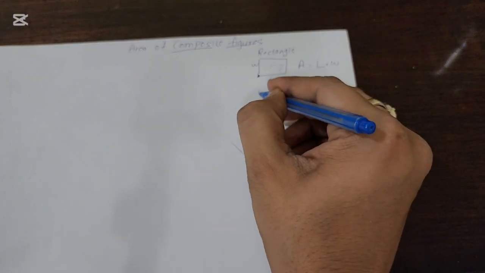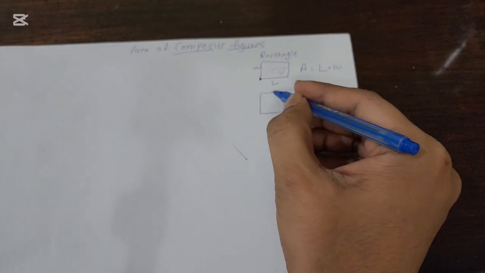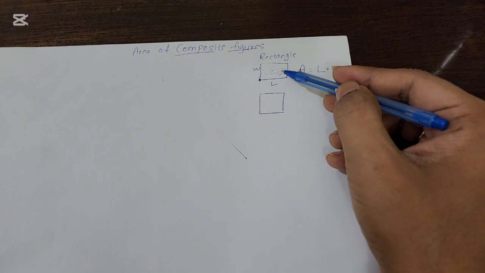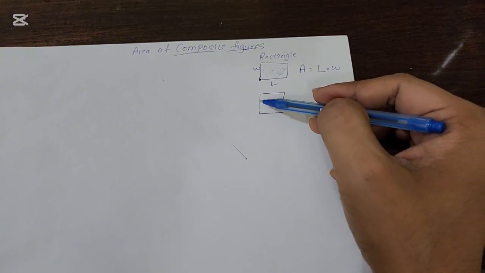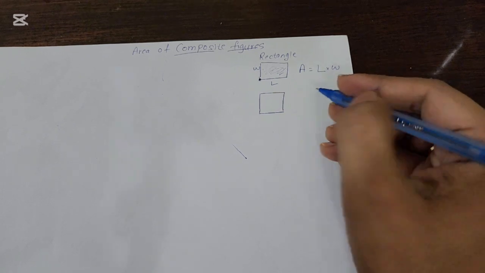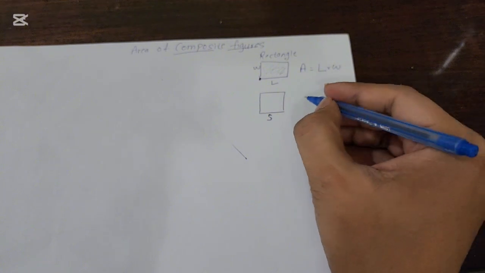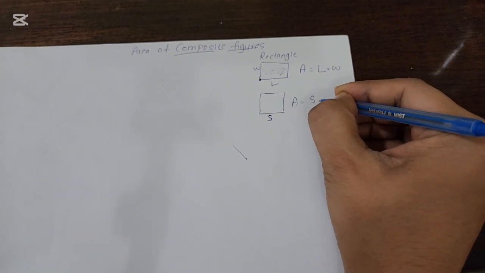If you have a square means all the sides are equal. See, rectangle and square, they look similar, right? 4 lines here, 4 lines here, but they are different. How? In square, all the sides are equal. The length, width, all are equal. So let's say one side of the square is given S. If you want to find its area, simply multiply the side with the side.